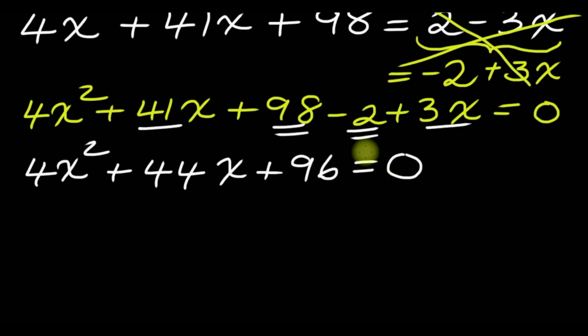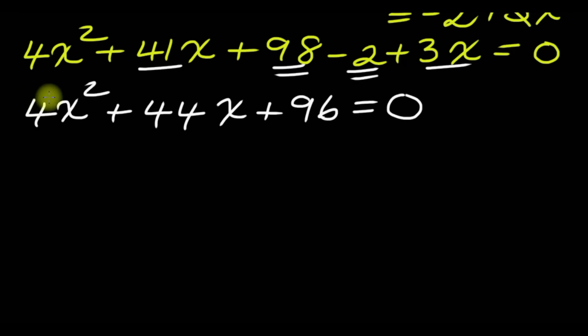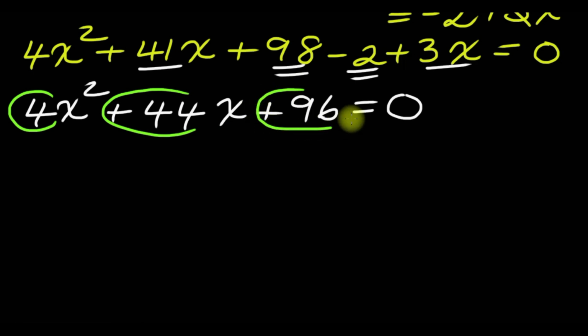Then we're going to factor the 4x squared plus 44x plus 96. It looks like 4 can go into all of these numbers, so 4 is your greatest common factor. Therefore, you can pull the 4 out to make it a lot easier to factor.